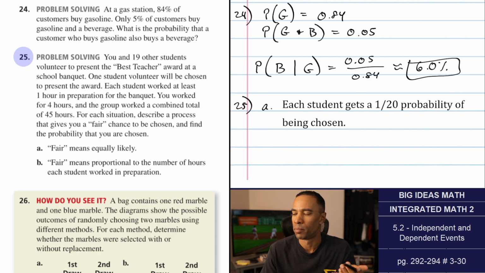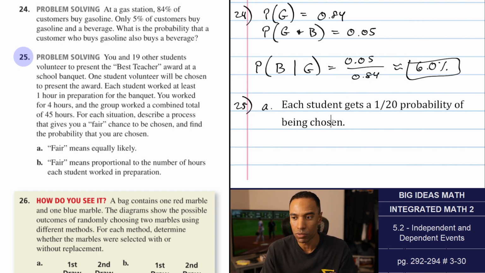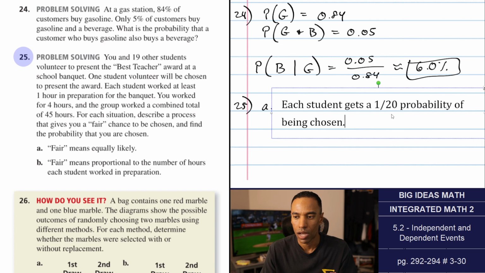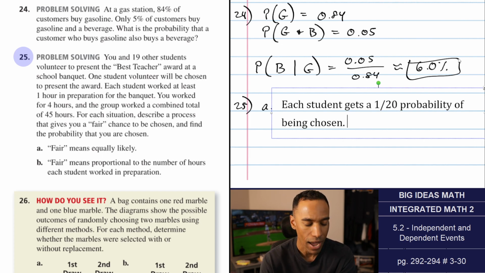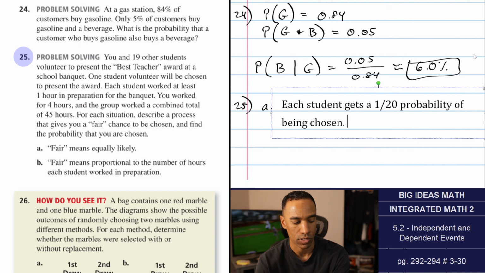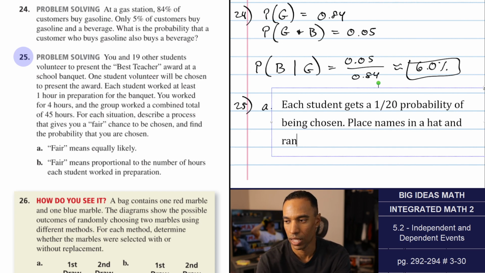Do they want the actual process, though? I thought they were just saying the form. Okay, process-wise, I would say place names in a hat and randomly draw.